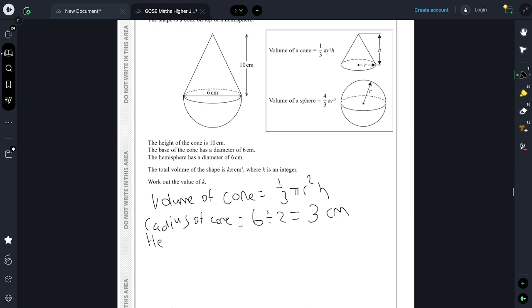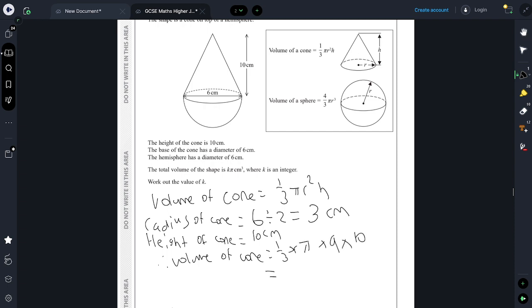And the height of the cone is very simply just 10. It's giving us the number here, 10. So therefore the volume is a third times pi times r squared, that's 3 squared, which is 9, times 10.